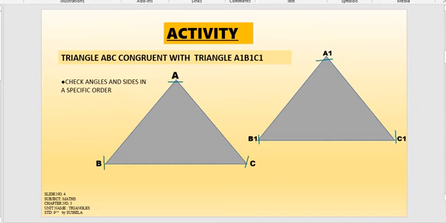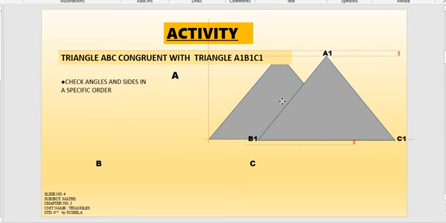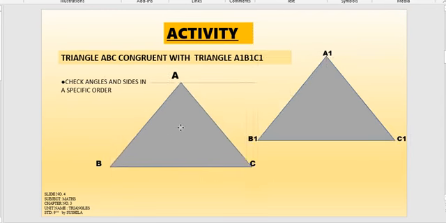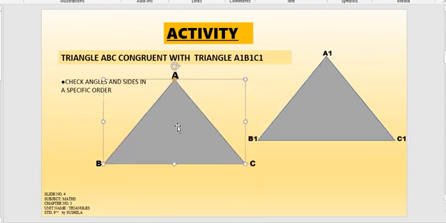Now look at the screen at what I'm going to do. If I take triangle ABC and fix it on A1, B1 and C1, it fixes properly, right? So what does it mean? If it fixes properly with the sides and even with respect to the angles, these two triangles are congruent. This is the meaning of this activity.